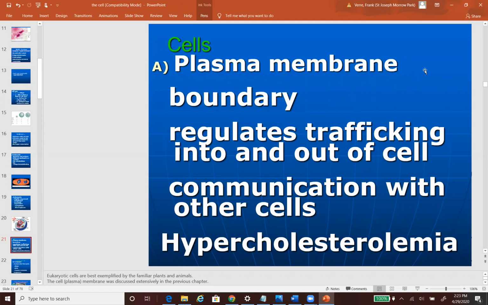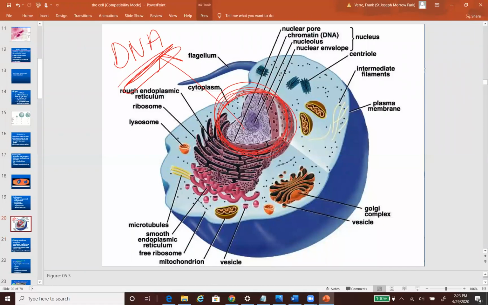Their job is to control what goes in and out of the cell, because a cell wants to have some sort of a decision as to what can go in and what can go out of the cell. So you can imagine that the cell absorbs something very valuable, for instance glucose, sugar.